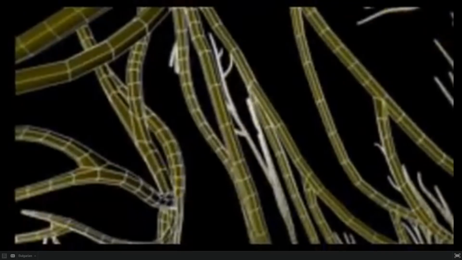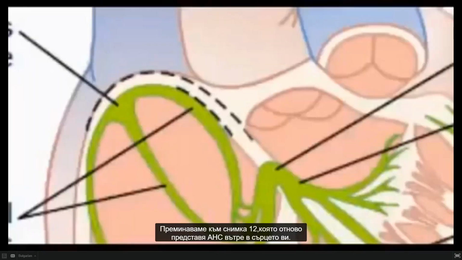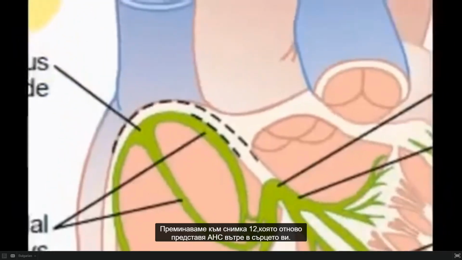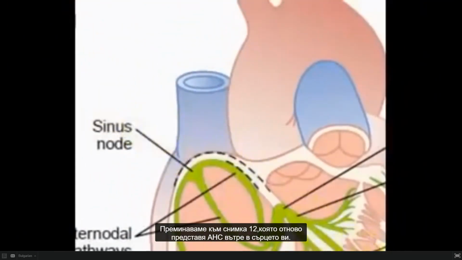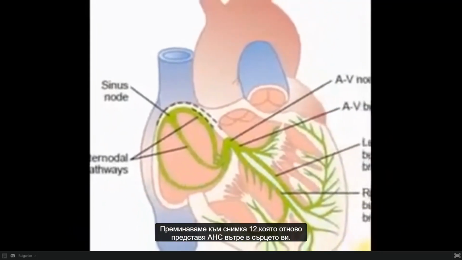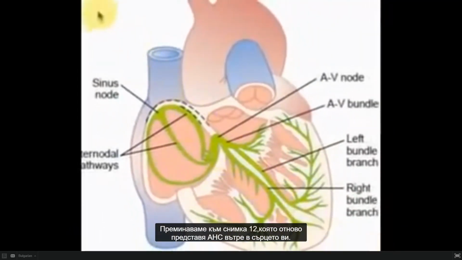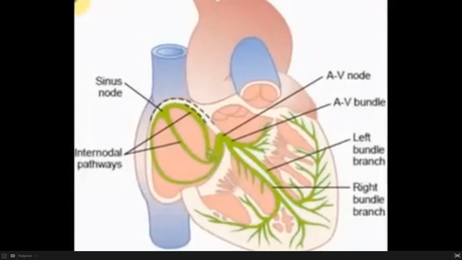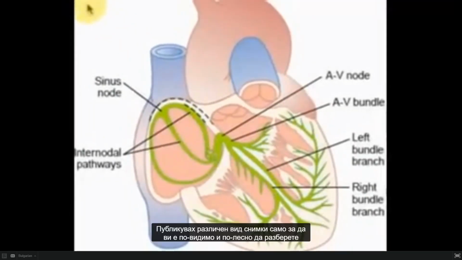Okay, then we go to picture number 12. Picture number 12 is a drawing, and it gives you again the autonomic nervous system inside of your heart. I posted different kinds of pictures just to make it visible for you to understand how the autonomic nervous system crosses all the walls inside of the heart.